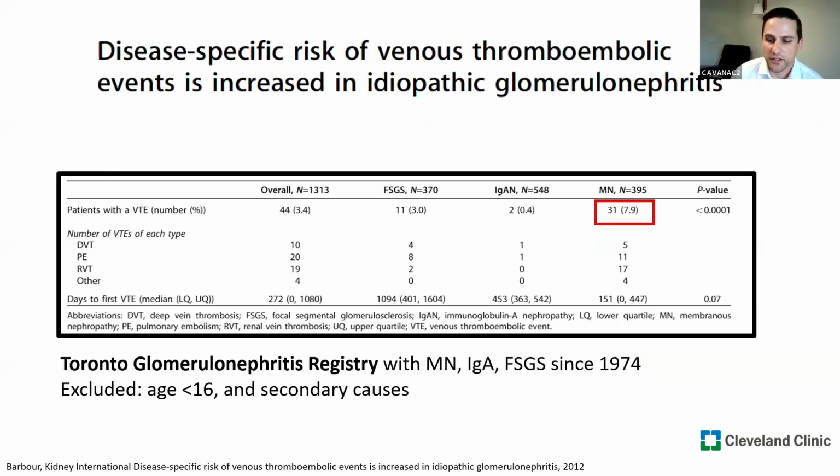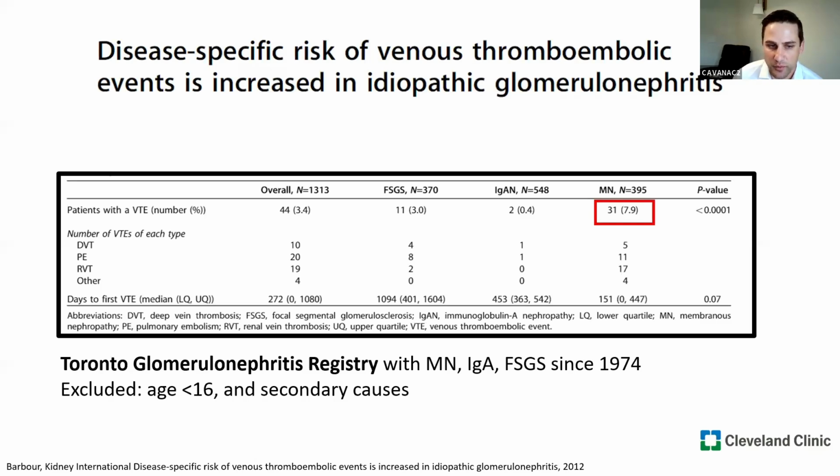So let's look at a big observational registry study out of Toronto, now over 10 years ago, from Sean Barber in Toronto. The overall cohort of around 1,300 patients, nearly 400 of which had membranous nephropathy, had an incidence of around 8% VTE in the group, compared to IgA, which could be your normal comparator.